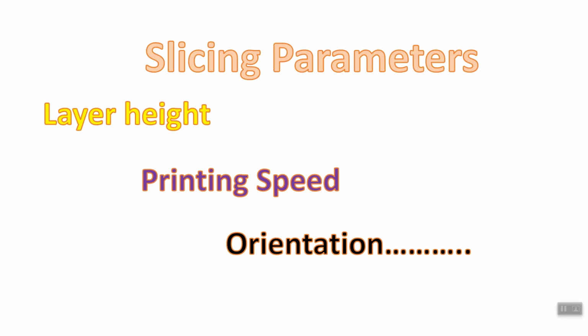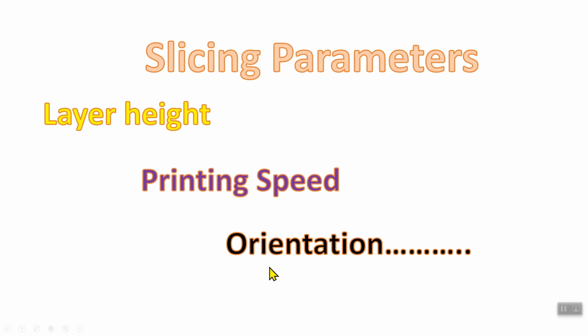As we know, additive manufacturing is a layer by layer process. With how much thickness each layer has to be printed is what we call the layer height. And the machine prints within a certain speed. At which speed the machine needs to run is what we call the printing speed.